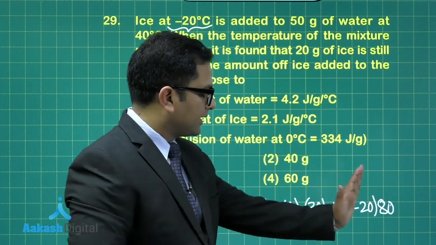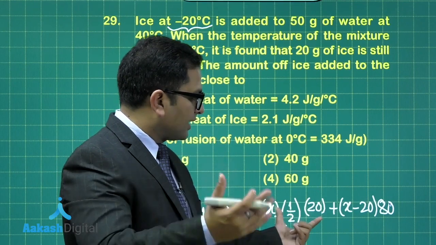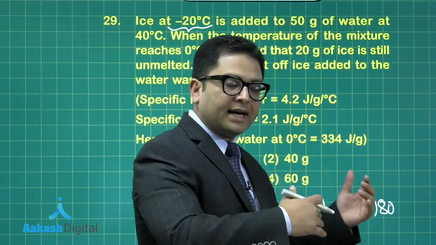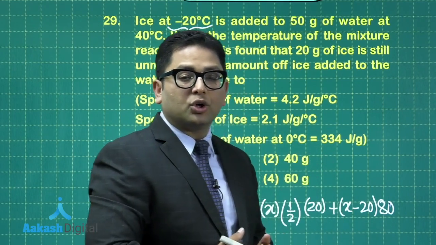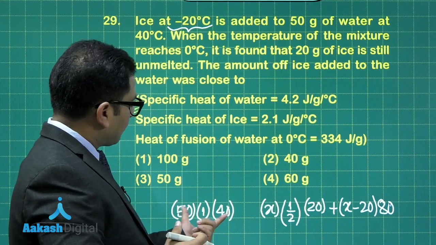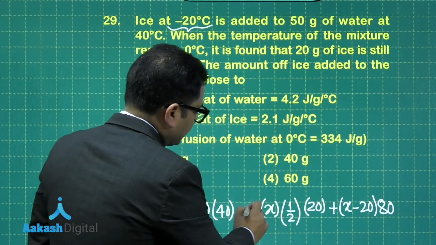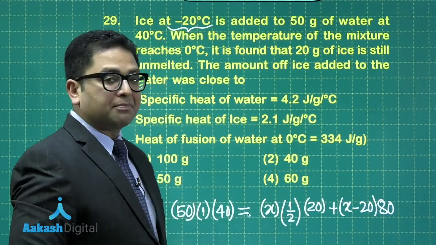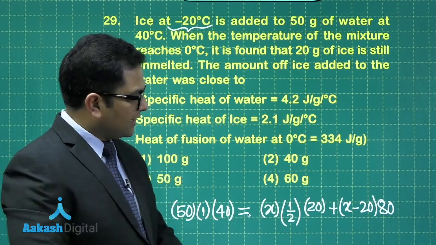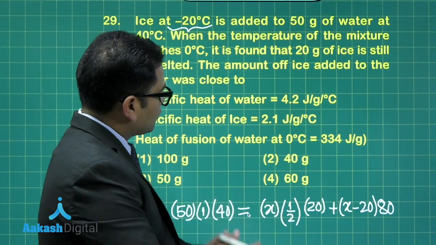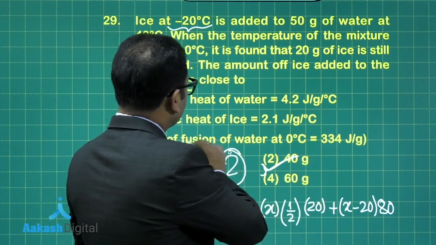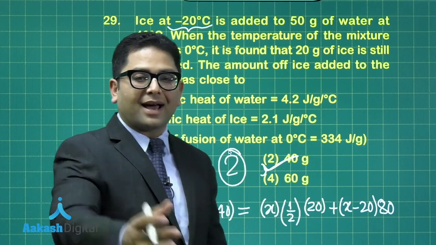So look at the right side: x gram of ice has come from minus 20 to 0, and the remaining x minus 20 has converted into water, consuming latent heat. And this is water when it comes from 40 degree to 0 degree, and that has to be equal, for the simple reason that heat released by one has to be heat absorbed by the other. Solve it, and the value of x will be 40 gram. So option number 2 is going to be the correct option for question number 29.